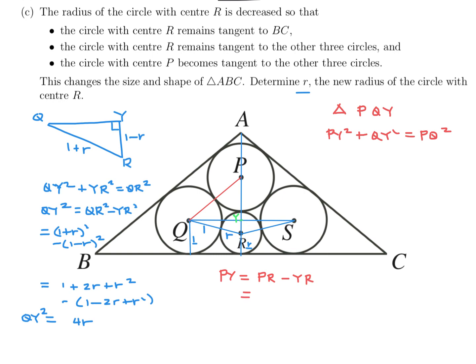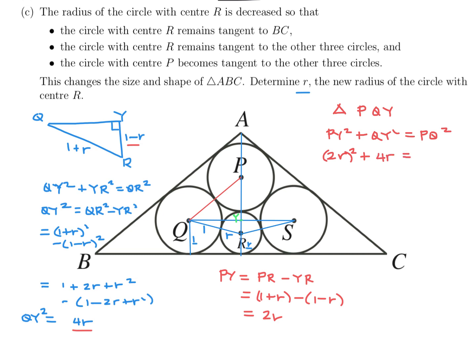So P to R is what? 1 plus R, correct? Yeah. And then YR we had somewhere. Yeah, it's right here, 1 minus R. So this looks to me like 2R. Okay, that's good. So I can put that in there, (2R) squared. And then QY squared, I think I just got right here, so that's 4R.